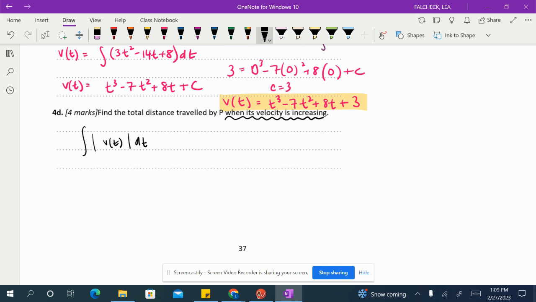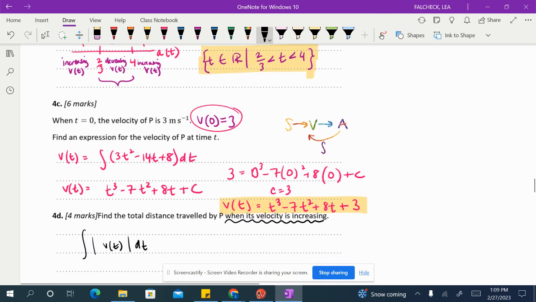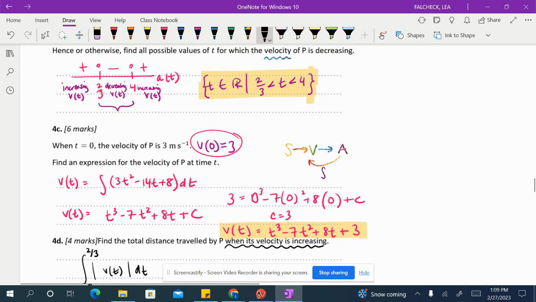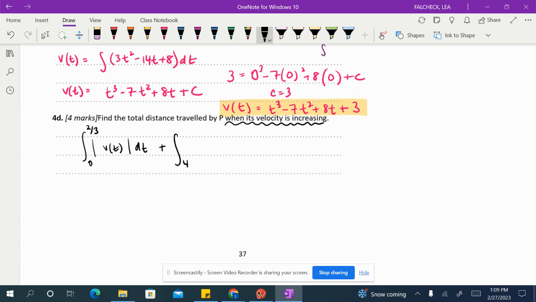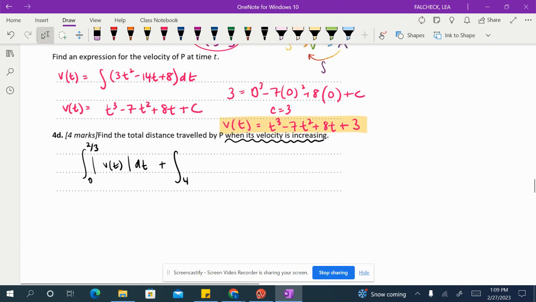So let's talk about when the velocity is increasing. The velocity is increasing from 0 to 2/3, and then the velocity is increasing again from 4 to, when is the interval over? Oh, 5.